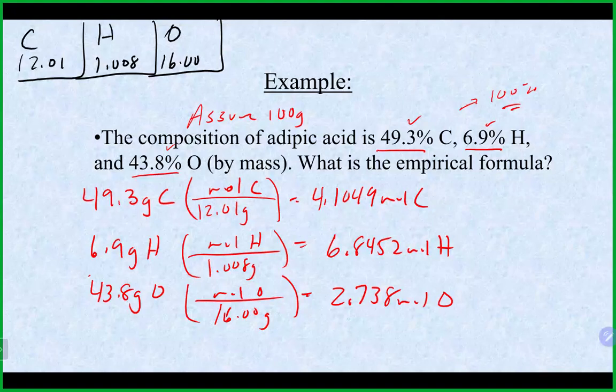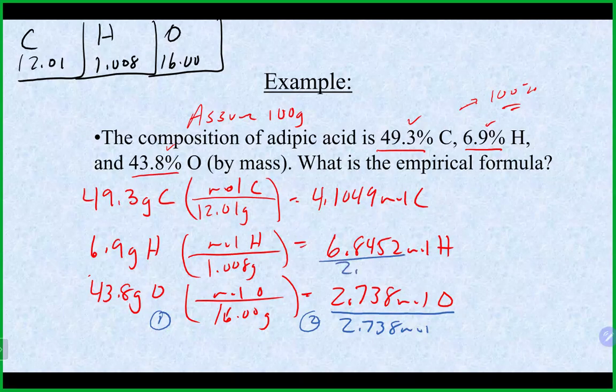So once we've done that, the second step is to find the smallest number of moles. In this case, it is oxygen that is the smallest, so 2.738 moles gets divided into everybody. Everybody gets divided by that number. And if we do that, obviously we do get 1 for our oxygen here.